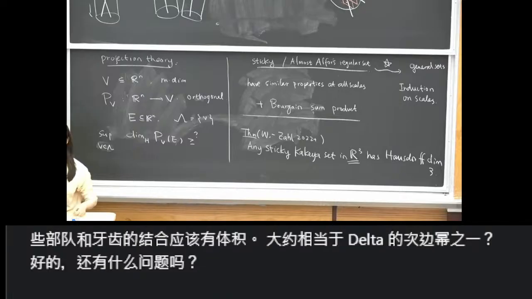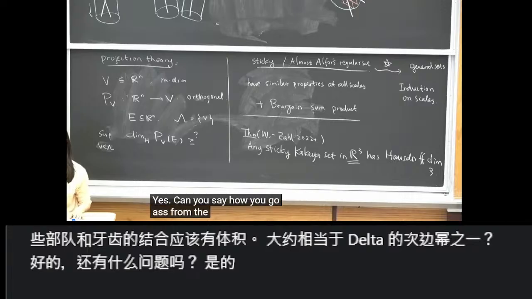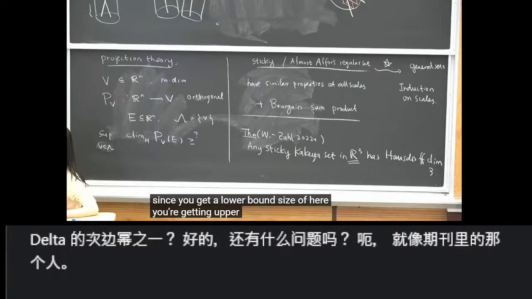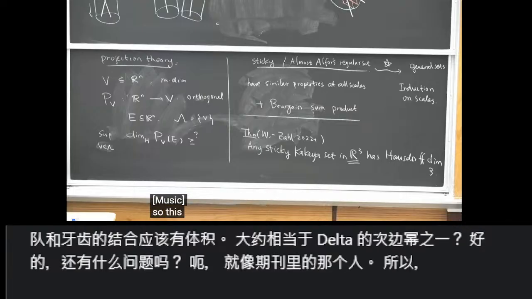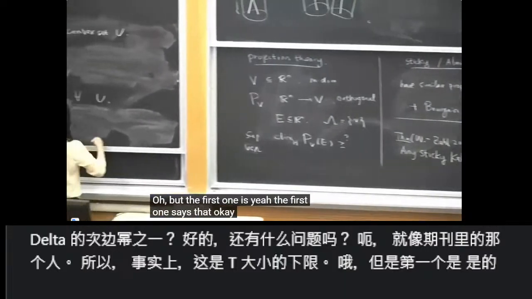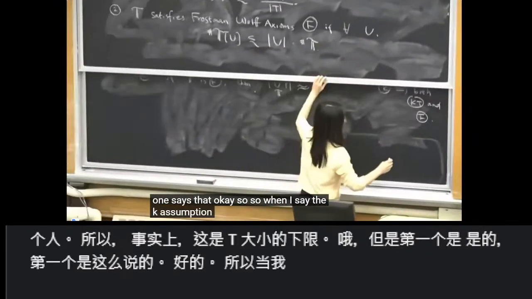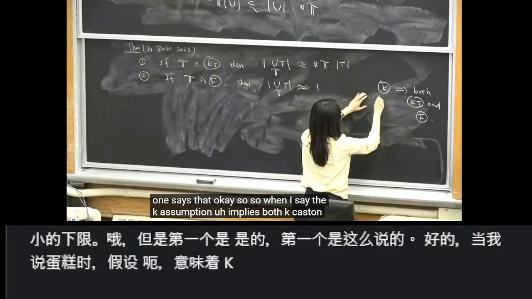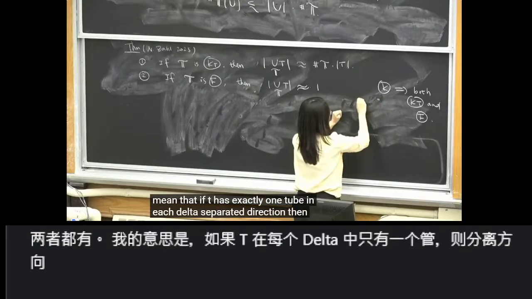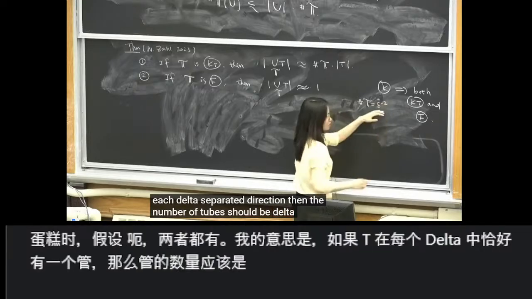Yes? Maybe this is better for after, but can you quickly say how you go from the Kakeya assumption to, like, that first seems to be a lower bound on the size of T, and then here you're getting an upper bound on the size of T. So this is, in fact, a lower bound on the size of T. Oh, but the first one is... Yeah, when I say the Kakeya assumption implies both, I mean that if T has exactly 1 tube in each delta separated direction, then the number of tubes should be delta to the minus 2.